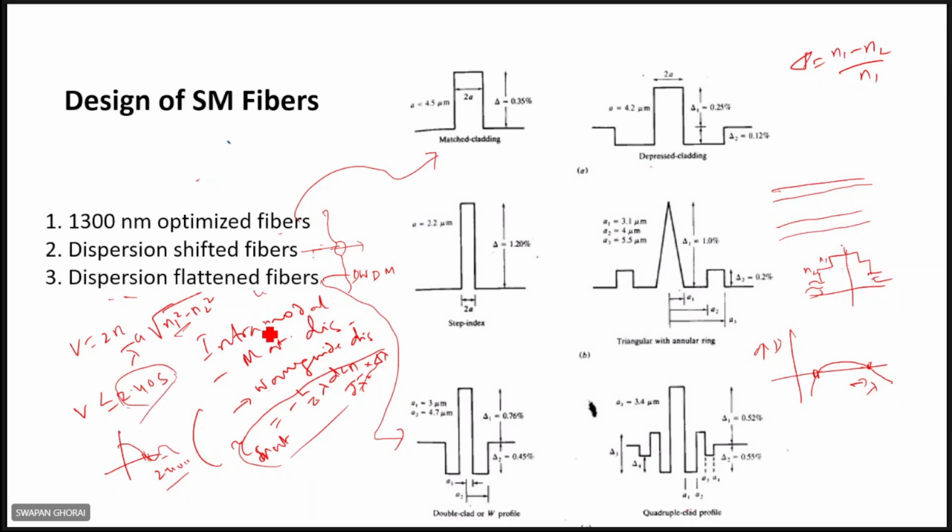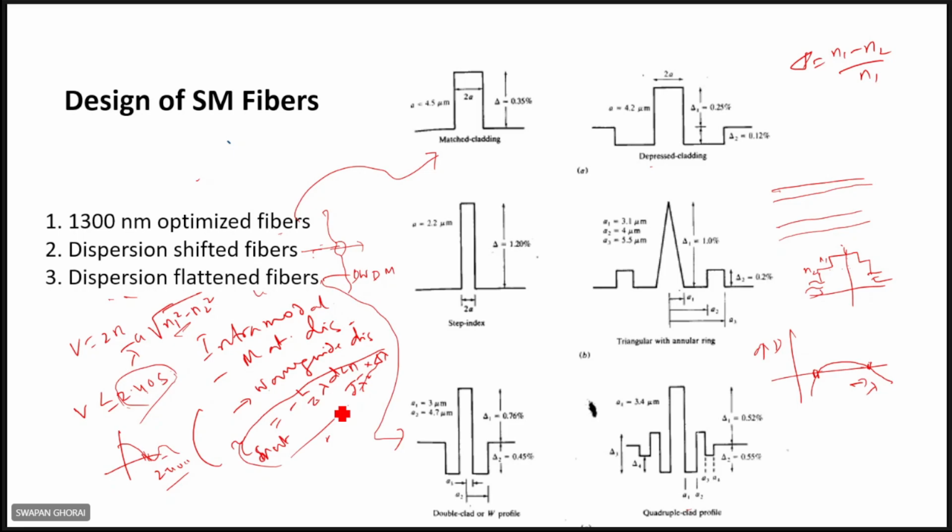And in single mode fiber, you have seen the two types of dispersion effects: intramodal dispersion, consisting of material dispersion and waveguide dispersion.